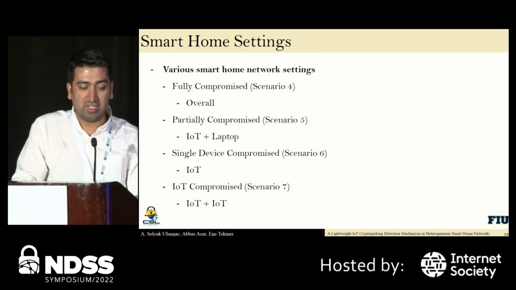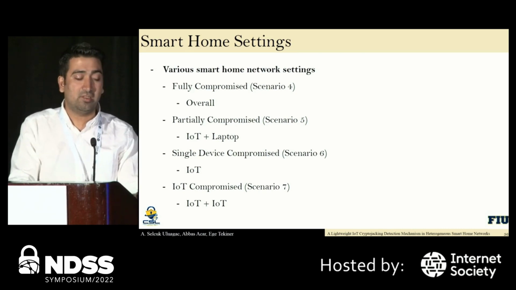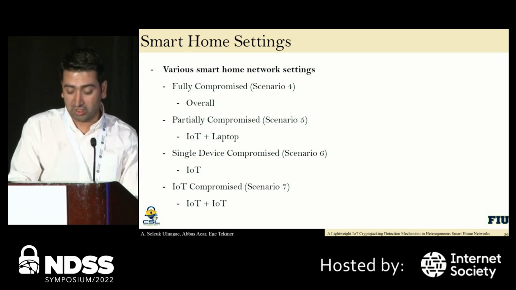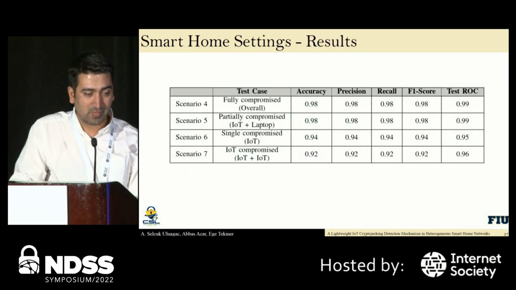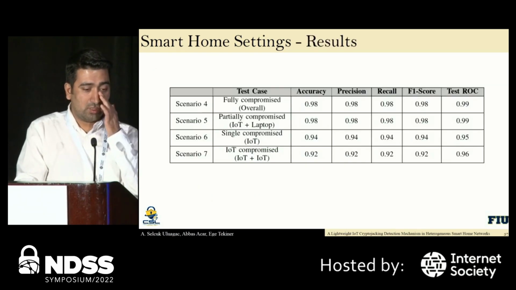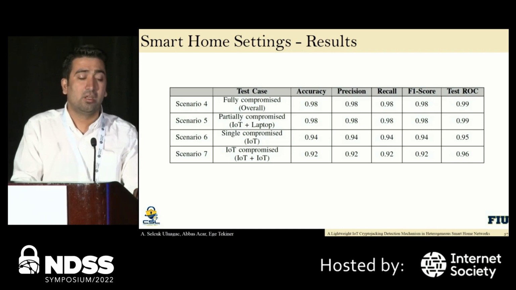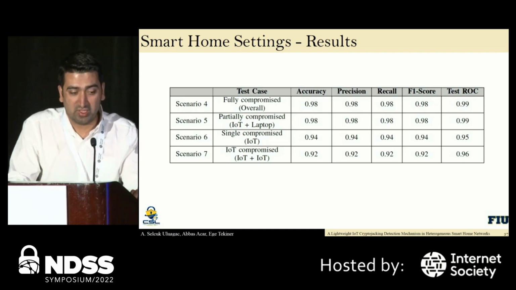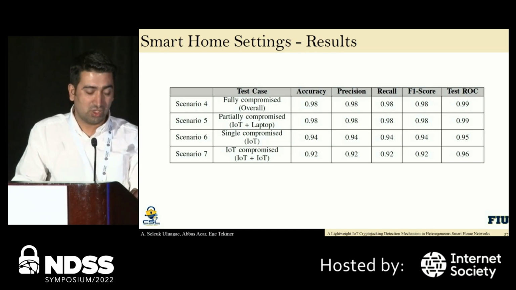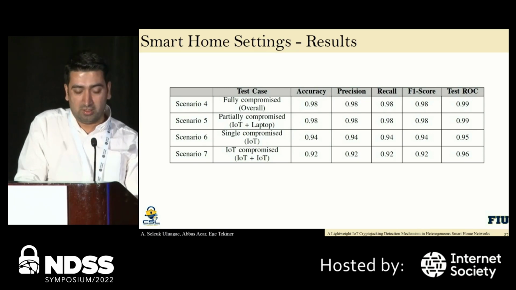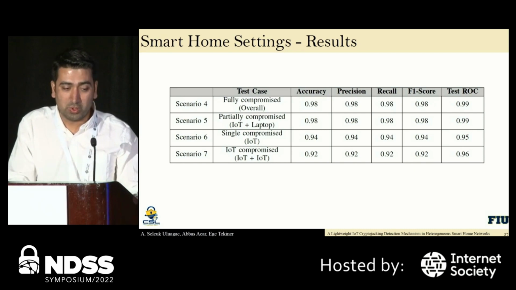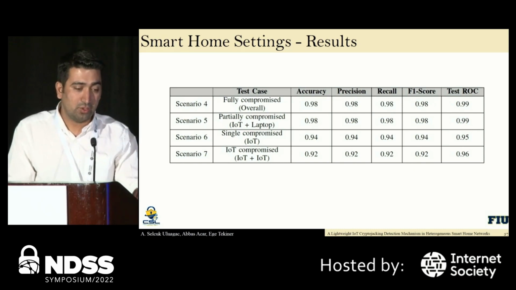And in the last scenario, we wanted to test all of the IoT devices in the smart home being compromised. When we look at our results, we can see that in the challenging scenarios, scenario 6 and scenario 7, the detection accuracy is decreasing. However, if the entire house is compromised, we have better accuracy in general.